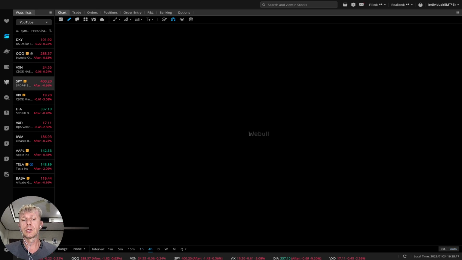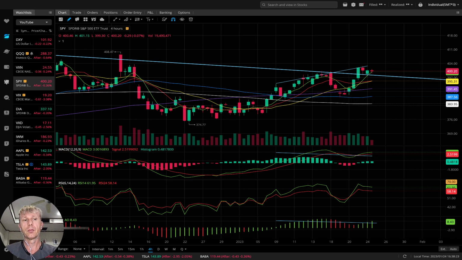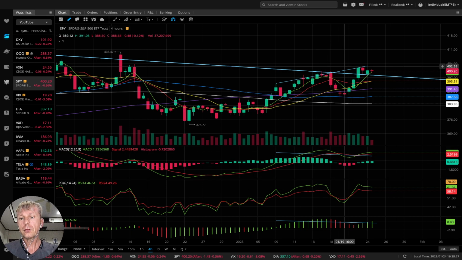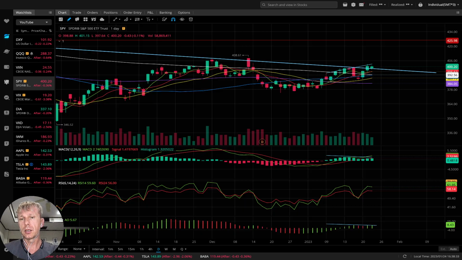Let's move to SPY. Something going on in the market. Let's do a summary at the end of the review. SPY daily time frame. This is the blue line, major blue line.